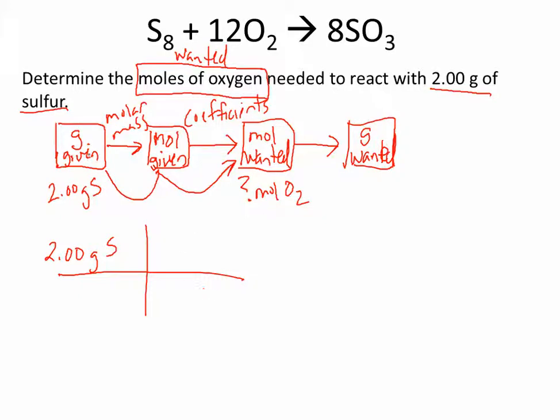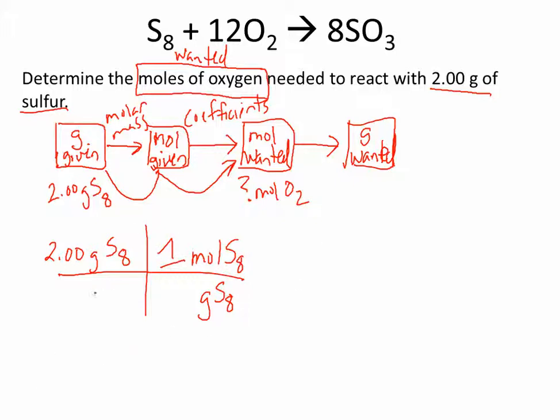And this first thing, we want to go from grams of sulfur. So grams of sulfur goes here, and we're going to put moles of sulfur here. And look, I did do something wrong. Sulfur in this form has a subscript of 8. So we want to figure out in 1 mole of sulfur, how many grams are there?